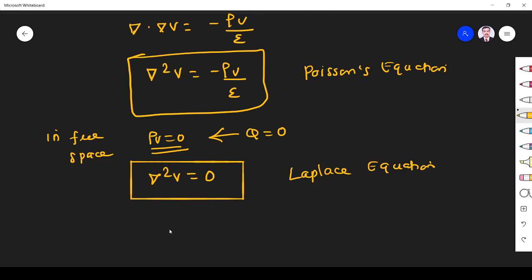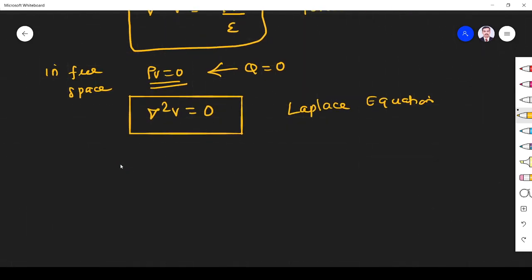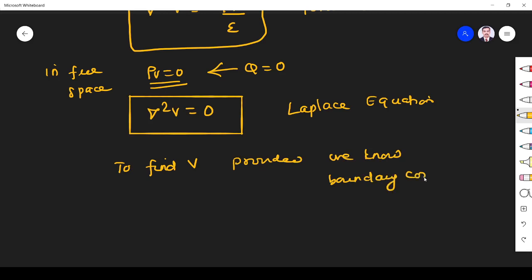So where can we use these two equations? They can be used to find V, the potential, provided we know the boundary conditions in the region. For example, the region between the parallel plate capacitor, right?